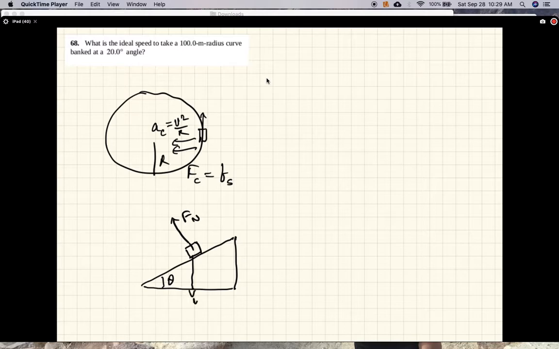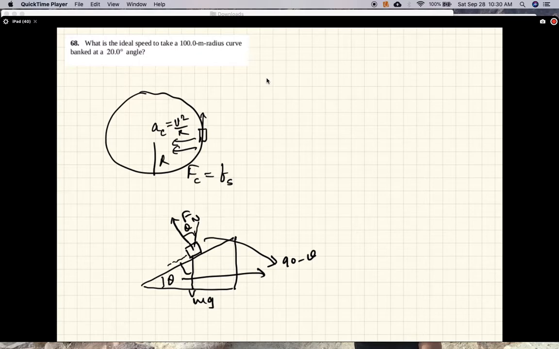Here's the weight of the car. This angle is 90 minus theta, and so is this angle. Those are opposite angles, 90 minus theta, and so this angle is theta.